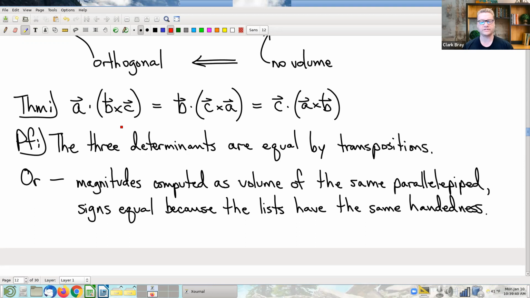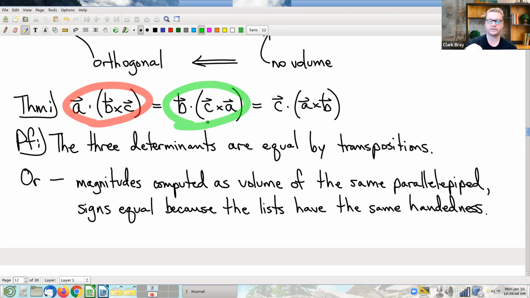A couple different ways you can see this. One is to say, well, that's a determinant of a certain matrix, and that's a determinant of a different matrix. Those matrices have the same 3 rows. They're just in different order. They're just transpositions of rows from each other. And we know what happens when you transpose rows, right? What transposing rows does to determinants, rows or columns, whatever.